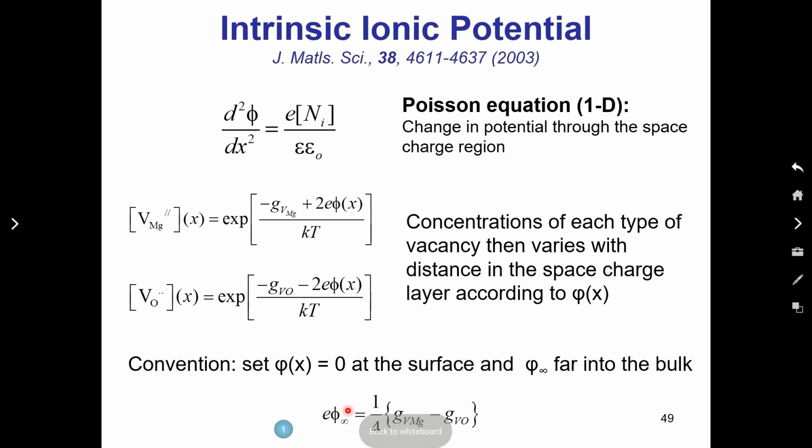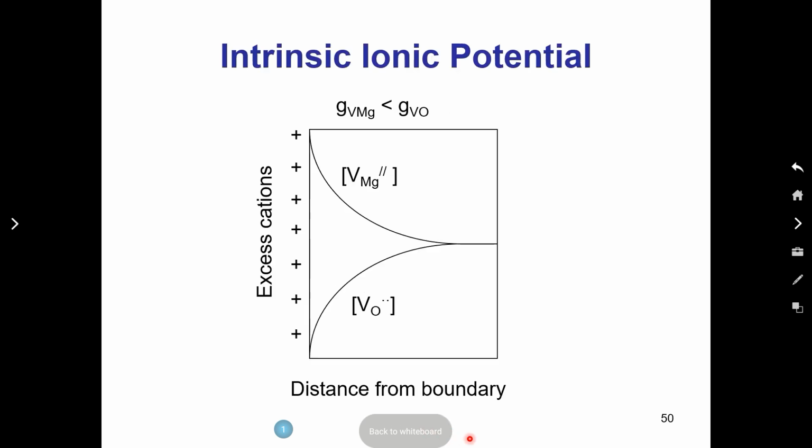If you set the electrical potential at infinite distance, meaning well into the bulk, you can show that charge times the electrical potential in the bulk will be related to the difference between the defect formation energies, the cation vacancy versus the anion vacancy. And then if you plot this, this is the vacancy distribution.